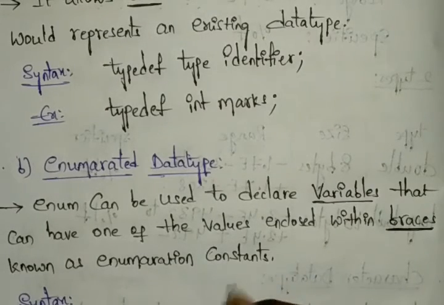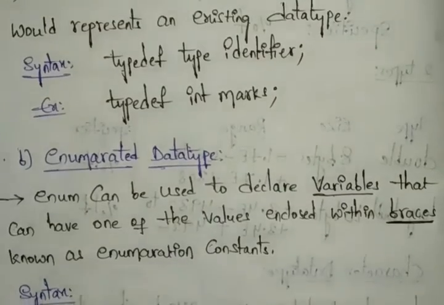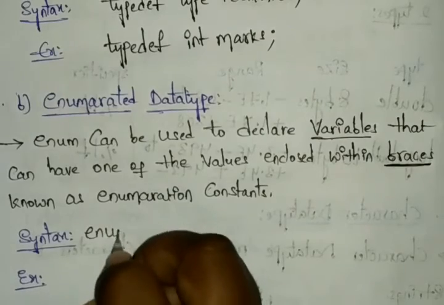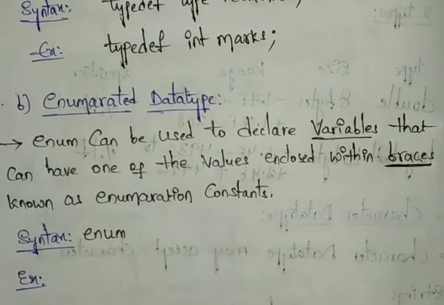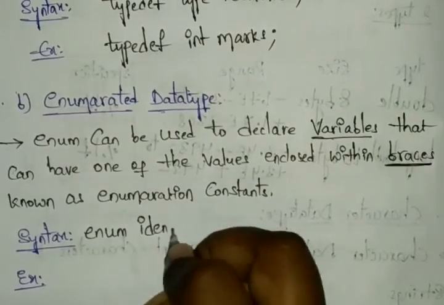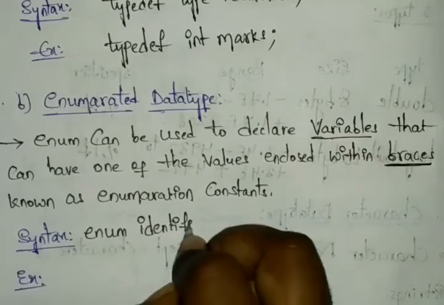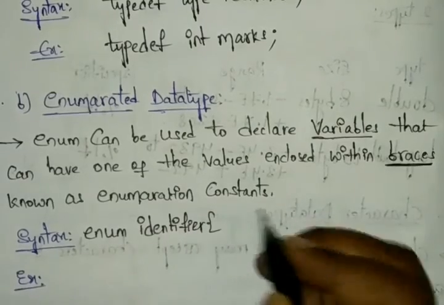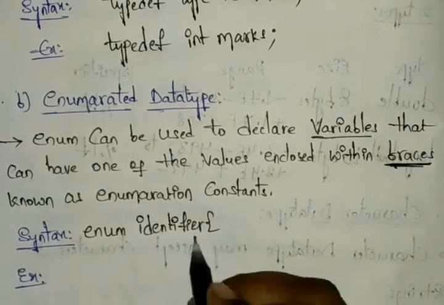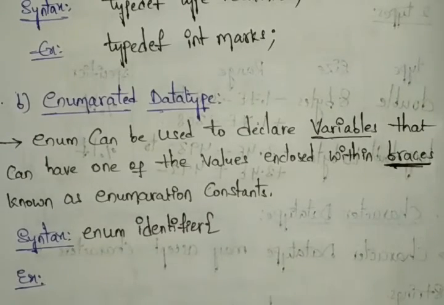You can see here, suppose you're writing the syntax for these. Here enum is the keyword for the enumerated data type. This enum has an identifier, it is also having the identifier. And here we have the braces. The identifier will have the variable name only, right?